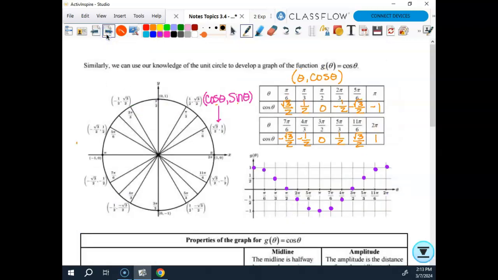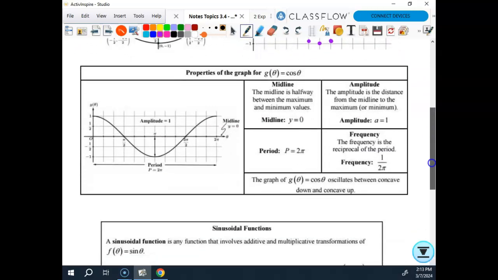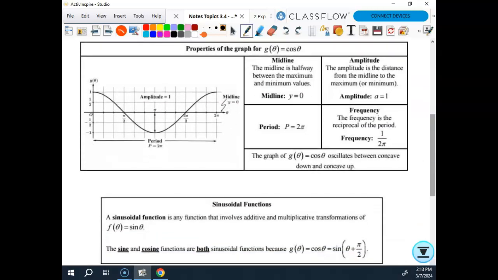We're here, right? Let's talk about our properties of cosine. We've got the midline again. It's still halfway between the maximum and the minimum. So that's right here. Still a line, so y equals 0, right? All right, so your amplitude, which apparently David got right on his physics test, is right here.